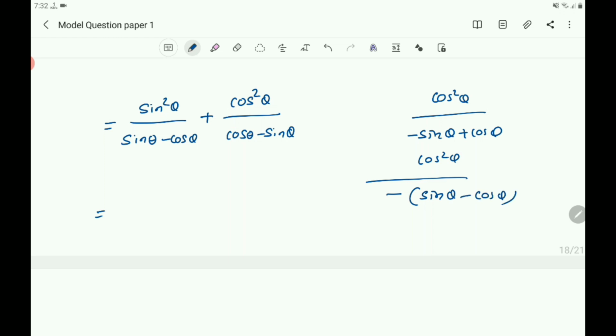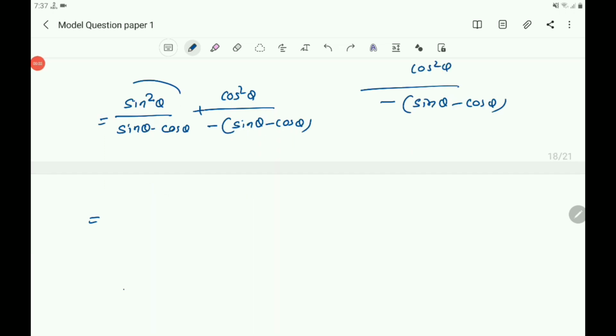So you write sin square theta by sin theta minus cos theta plus cos square theta by minus into sin theta minus cos theta.